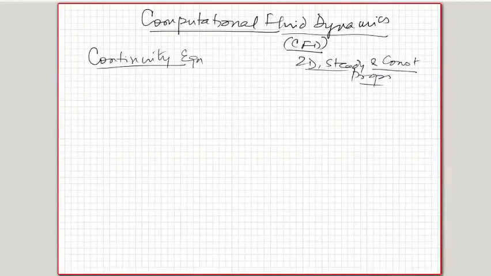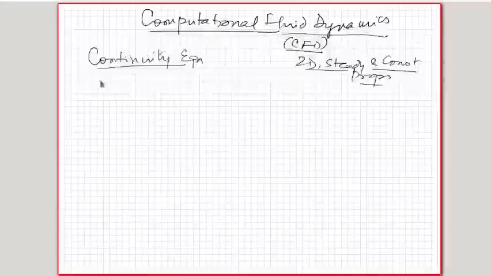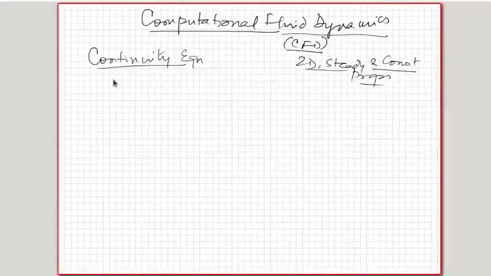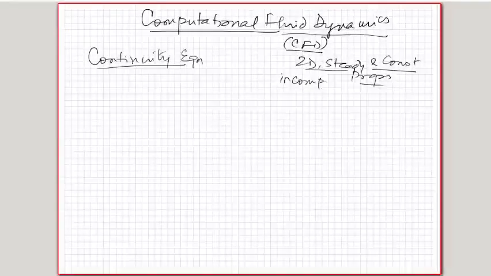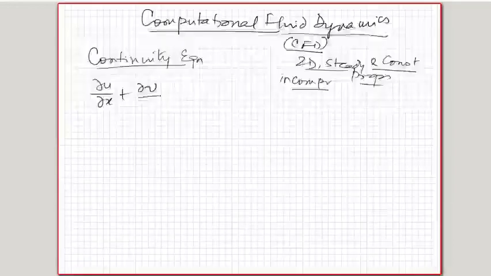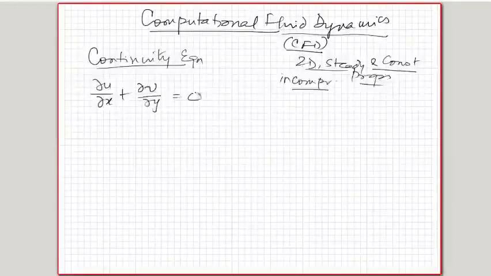So I'll be writing down the two-dimensional steady-state equations at constant properties, which is incompressible, of course. So this will be del u by del x plus del v by del y equal to 0. This is your first equation, the continuity equation.